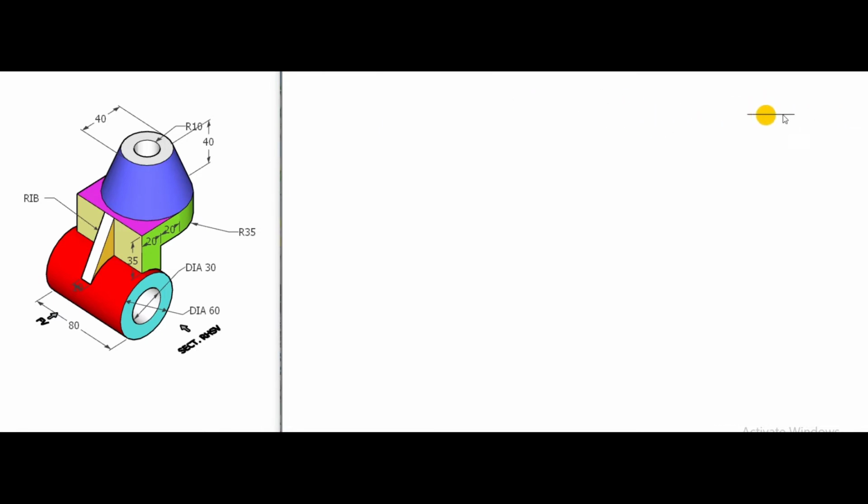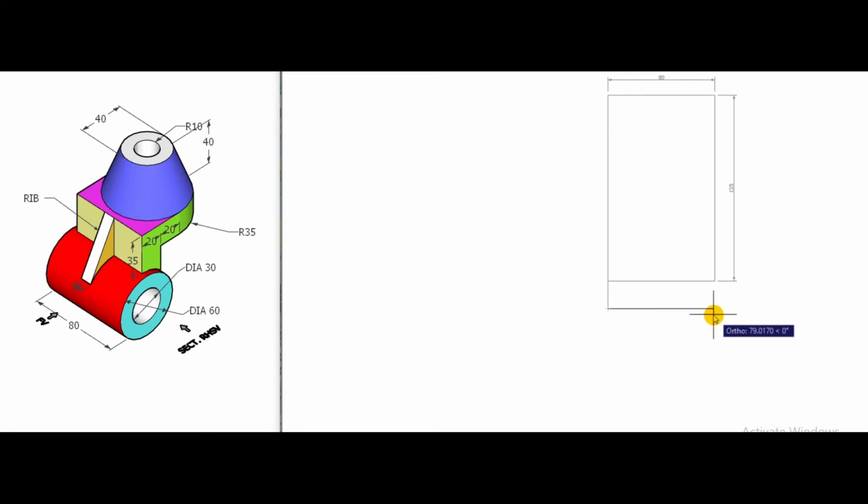Start from this point. 80 millimeter is the length, 135 is the height, and complete it. Now leave a distance of 20 millimeter and draw the frame for the top view, having length 80 and width 105 millimeter.